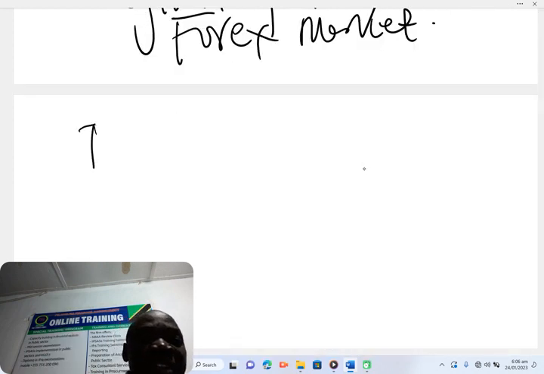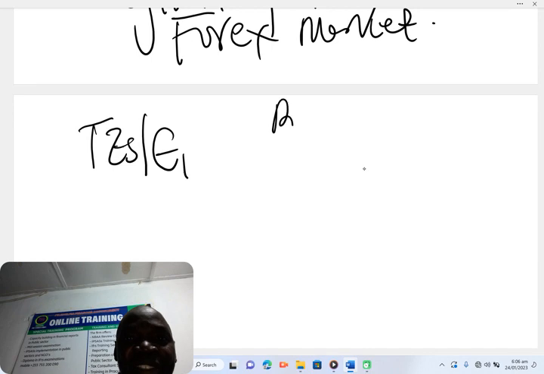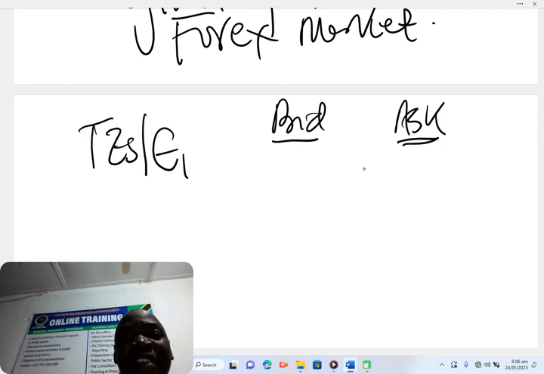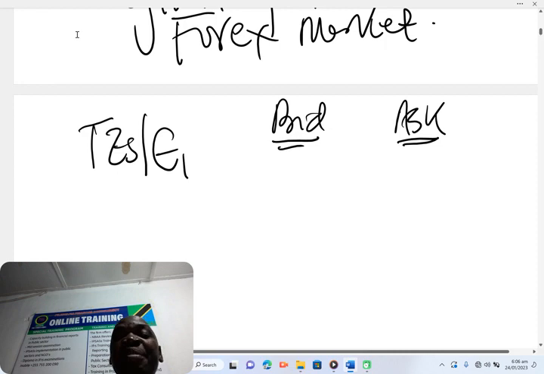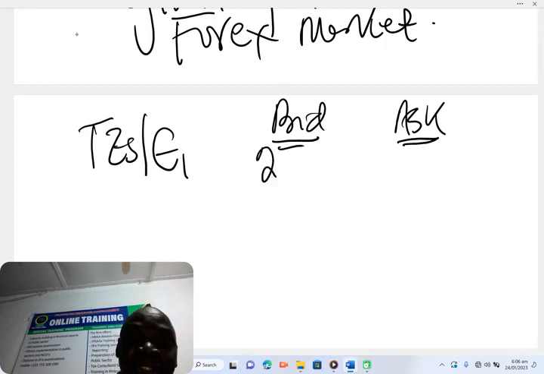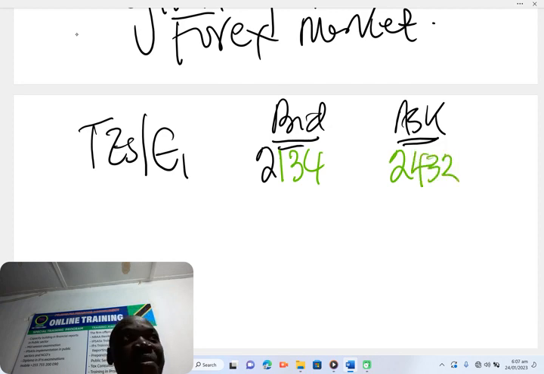So it is the TZS/euro. Now the bid price and ask price will be given. Now key issue, euro has been quoted as TZS 2134 in bid price, and it is 2432 on ask price. This is a quotation.